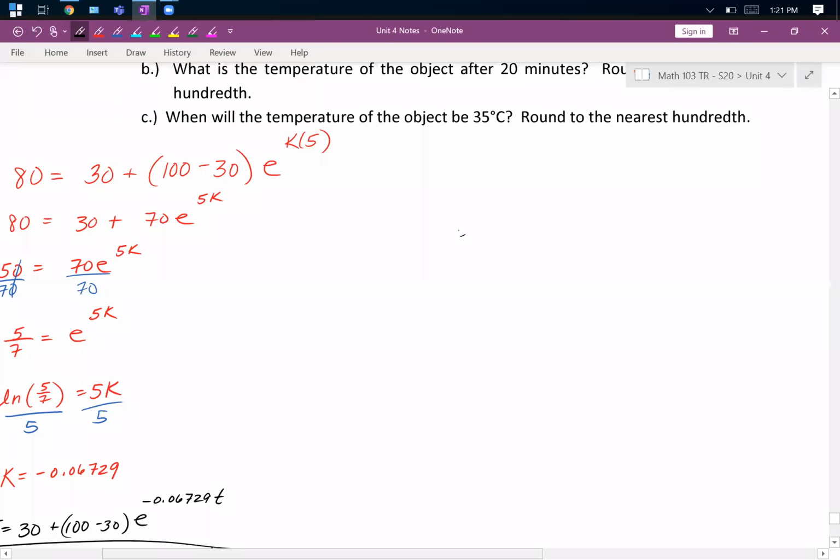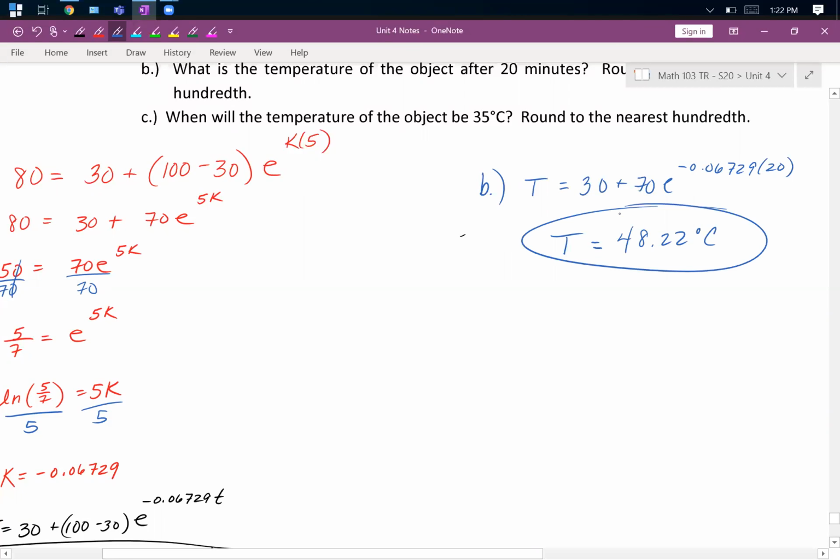All right, so for part B, we were just plugging 20 into our formula for little t. And then what did we get for a temperature? I got 48.22.